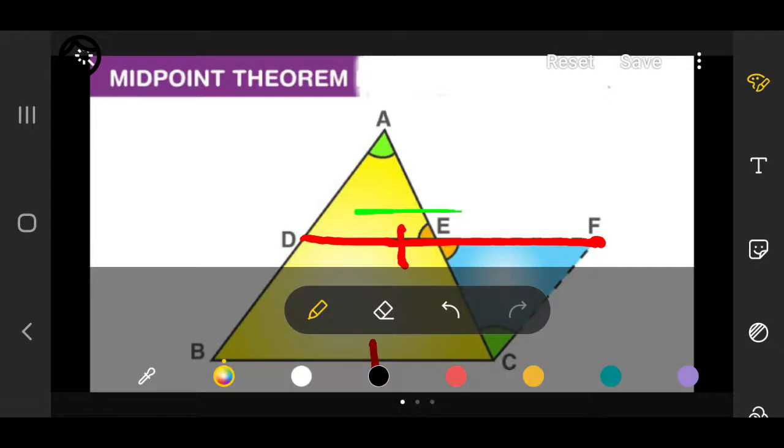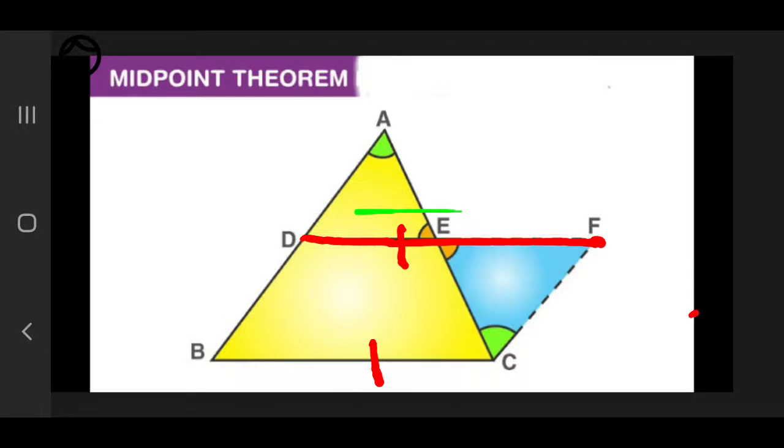If so, what do we have to prove here? We have to prove AE equals EC.